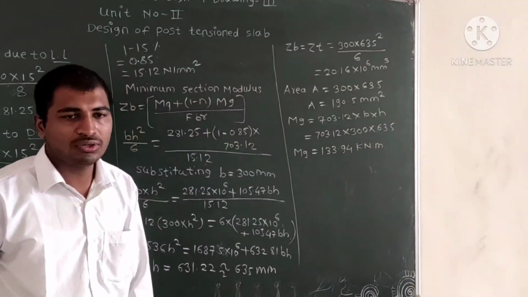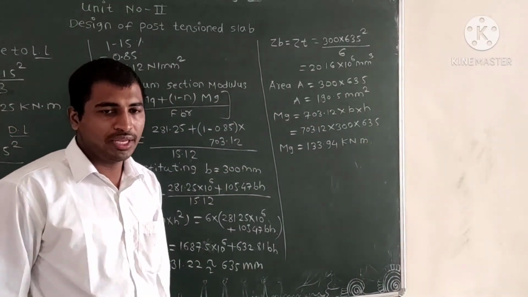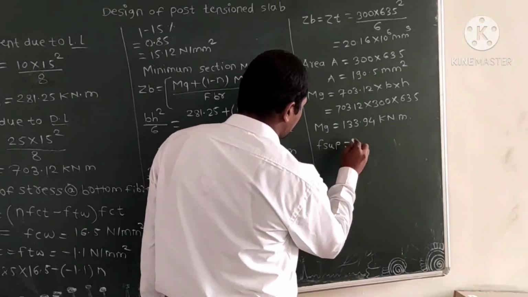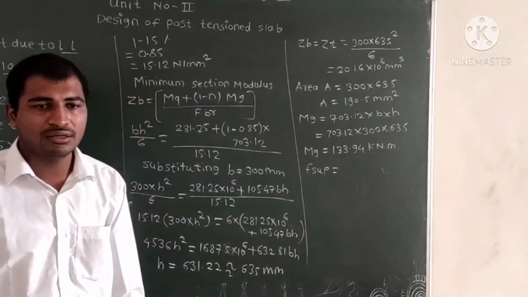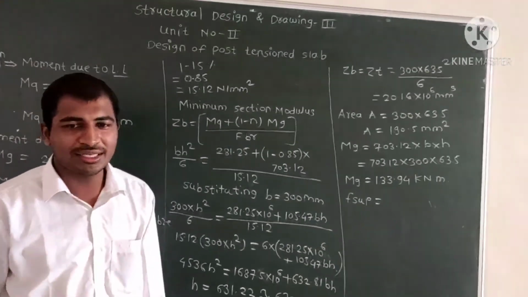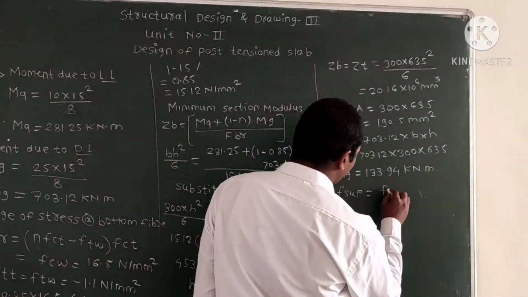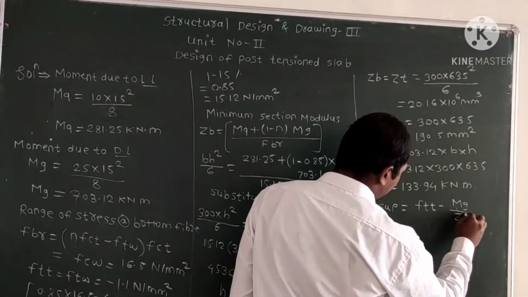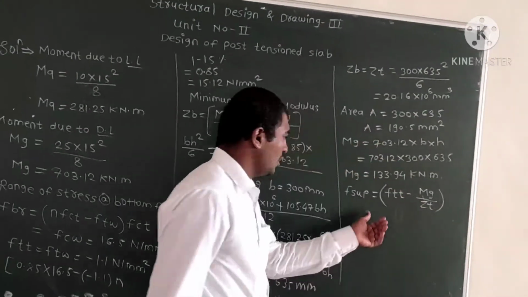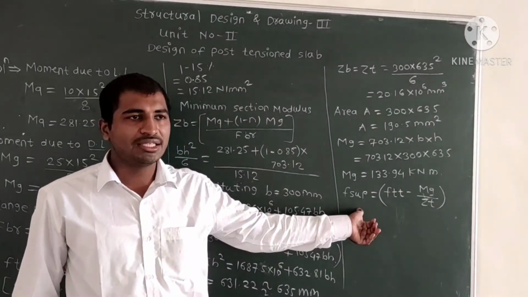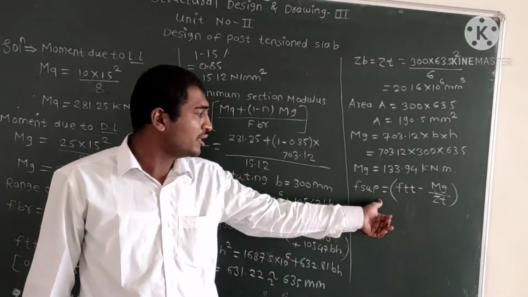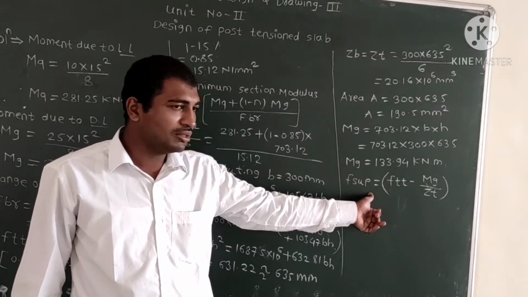Then find out F superior. The formula for F superior is FTT minus MG upon ZT. This formula is also in the IS code. Use the IS code and steel table in the design subject. Then find out the values in the formula.